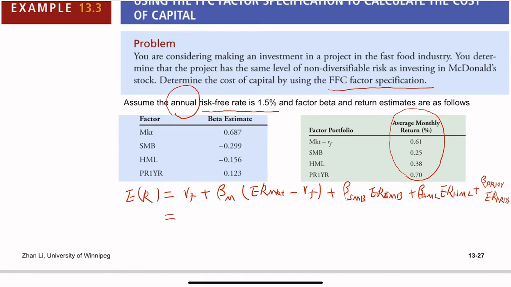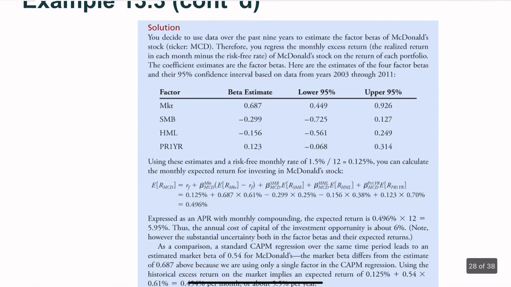So let's just use simple interest. The monthly risk-free rate is given by 1.5% divided by 12, because we have 12 months every year.